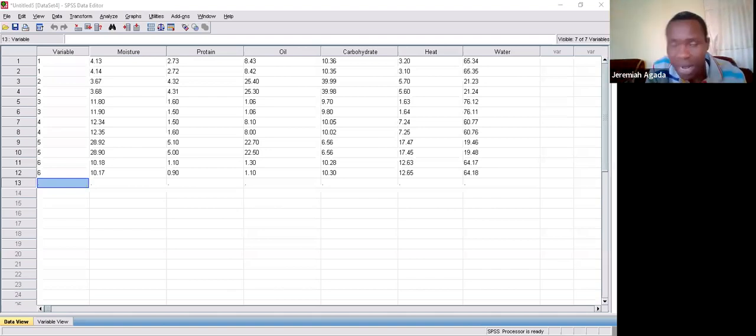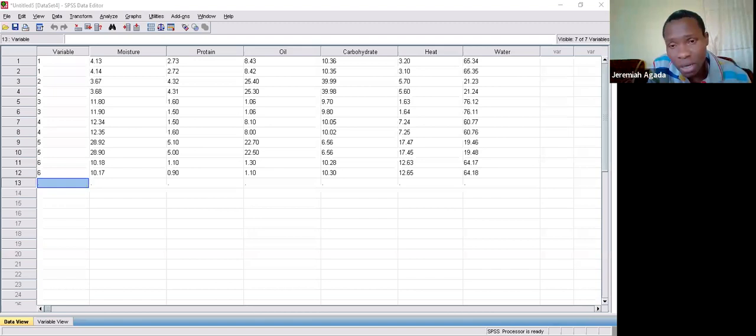So, one-way ANOVA now. This is where you also need to know what you are doing. Your data is divided into various categories of variables: you have the dependent and the independent.